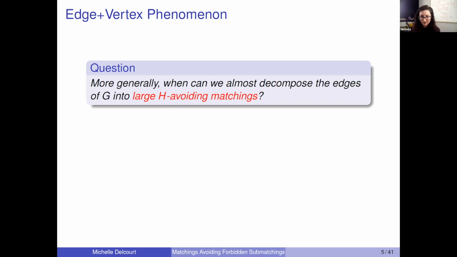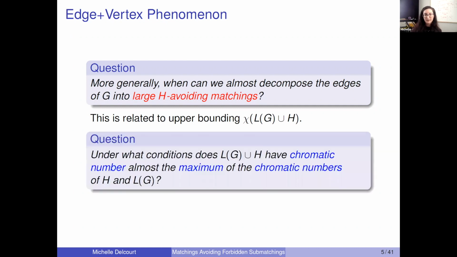So already finding matchings avoiding submatchings is ambitious, but furthermore, could we almost decompose the edges into large H-avoiding matchings? Instead of looking at one independent set, we're actually looking at colorings in the line graph union H, so we're thinking about its chromatic number. We could ask when the chromatic number is about the maximum of the chromatic numbers of the components.